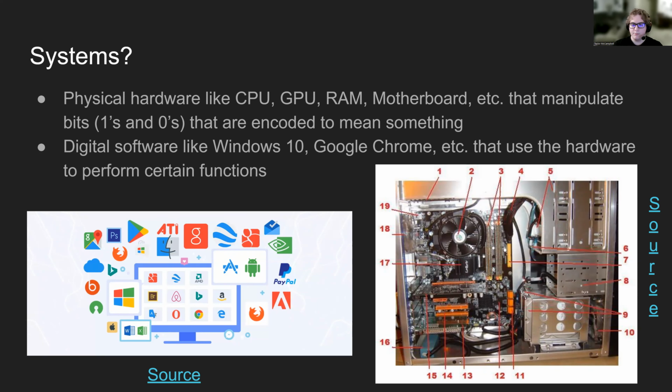And those are things like your web browser, messaging apps, payment services like Venmo or PayPal, etc. So there's two components, physical and digital, and they serve different purposes. Software is what makes the computer usable by average users like you and I.